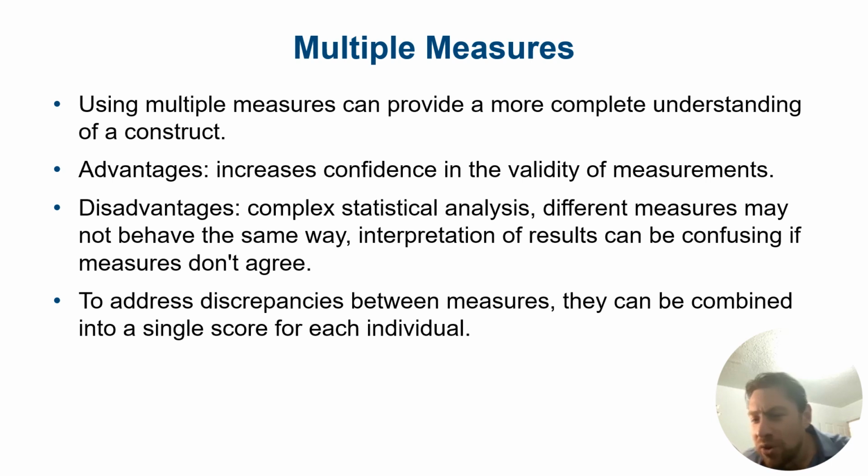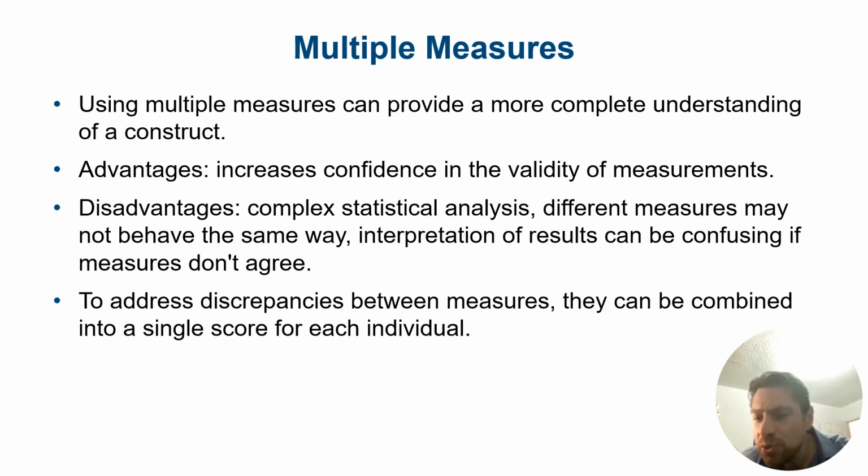However, there are also disadvantages and challenges. For example, the statistical analysis becomes much more complicated when you have multiple measures. And also, what happens if your measures don't agree with each other? Let's say you have a measure of fear and self-report says that the person is afraid, but the physiological measures do not show any evidence of fear.